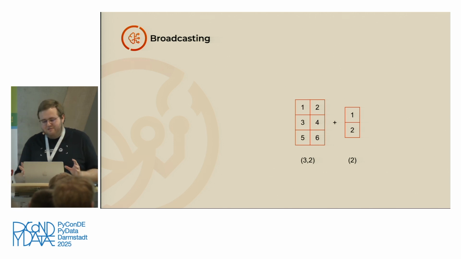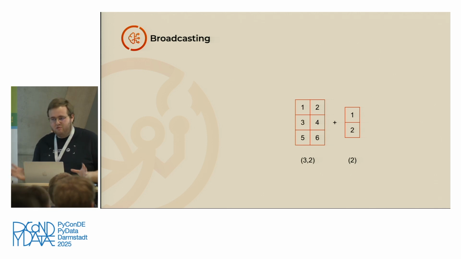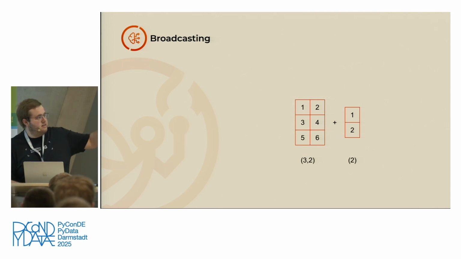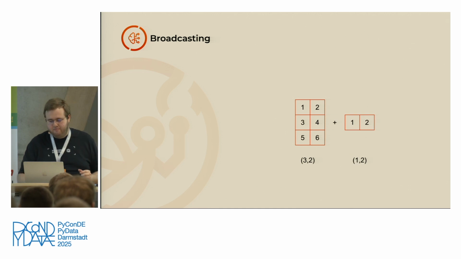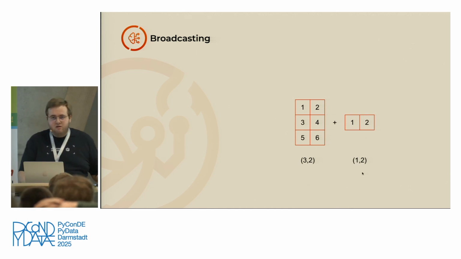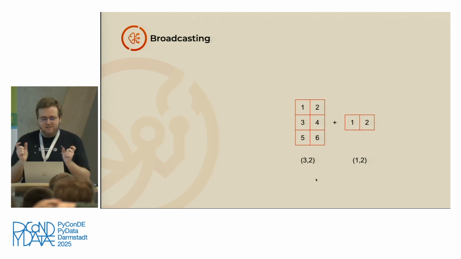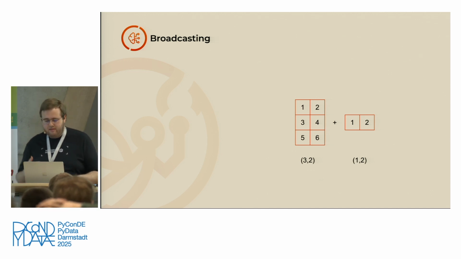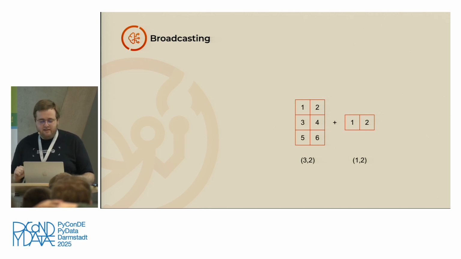But first, we need to figure out if the shapes are even broadcastable. And in order to do that, first we are prepending the additional dimensions to the tensor of a lower rank until the number of dimensions match. So now we have the same number of dimensions. However, the dimensions themselves are not exactly equal. Therefore, we need to do an additional step and check each dimension one by one.